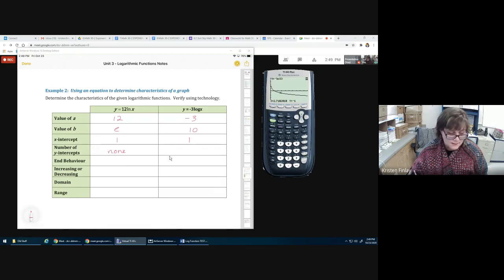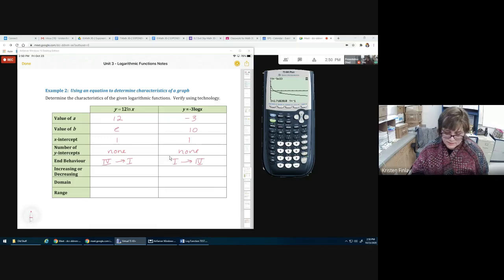Now, we're going to test this with our technology in a second. End behavior goes from 4 to 1. Yep, 4 to 1. And here it goes from 1 to 4 because it's negative. We're guessing based on what we've seen before.